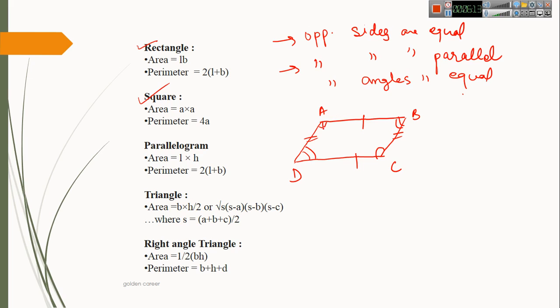If we drop a perpendicular from A on CD, then this AE will be the height of the parallelogram, which is basically the distance between the two parallel sides.